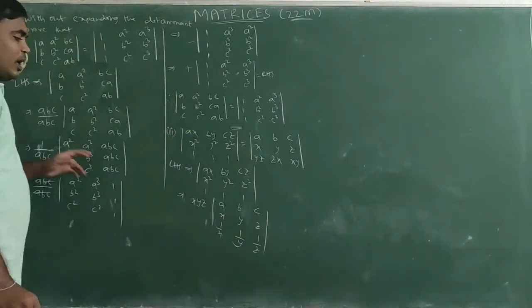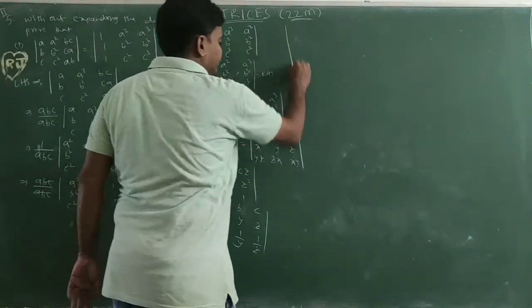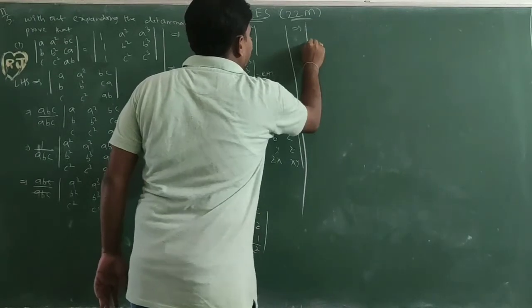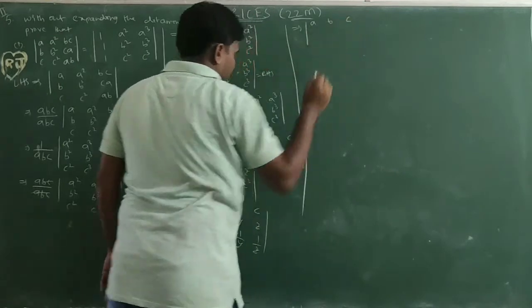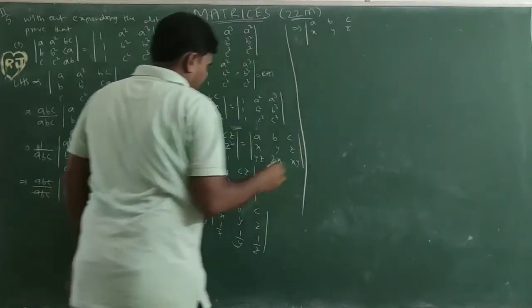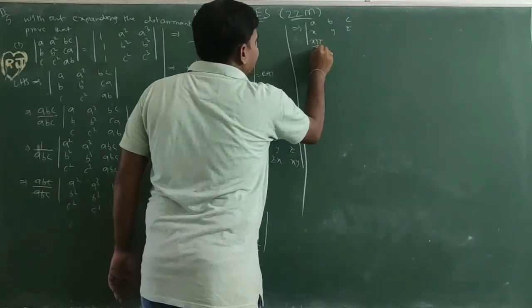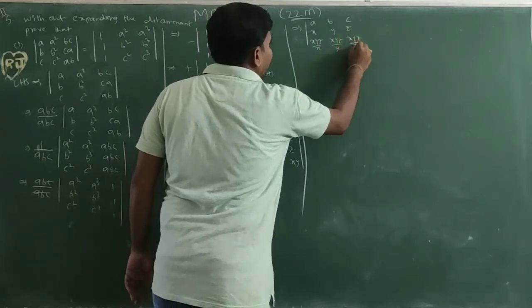Now I want to multiply xyz with the third row. First A, B, C. Second x, y, z. Third, I multiply xyz with xyz by x, xyz by y, xyz by z.